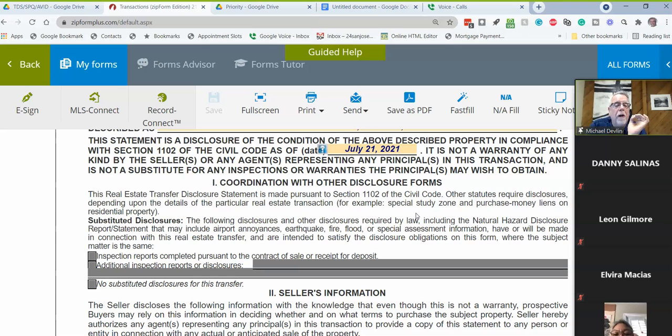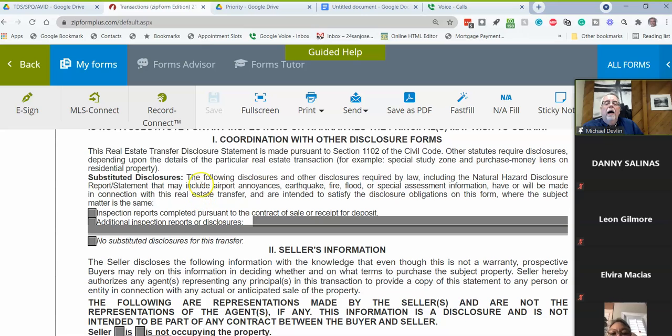Special study zone, purchase money liens on residential property. Substituted disclosures. The following disclosures and other disclosures required by law, including the natural hazard disclosure report statement that may include airport, have or will be made in connection with this real estate transfer and are intended to satisfy the disclosure obligations on this form where the subject matter is the same.